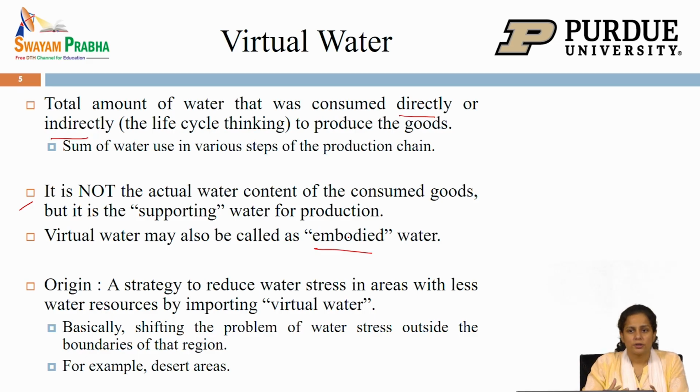The origin of water footprint came into being when we started realizing, especially from the sustainability perspective, that water is also a limited resource. Even though water is a renewable cycle, because the water cycle continues to recycle water at different rates, it is in finite volume that is available at any time of the year, at any point.